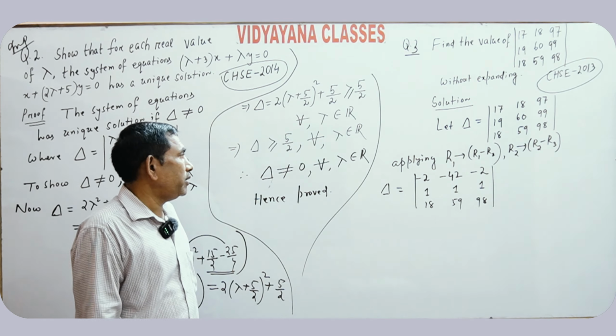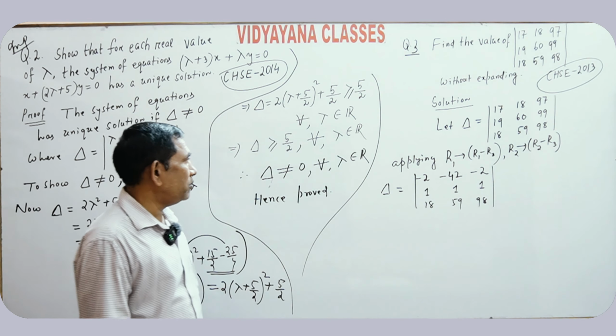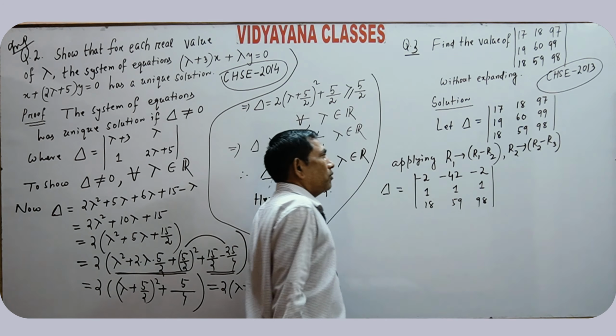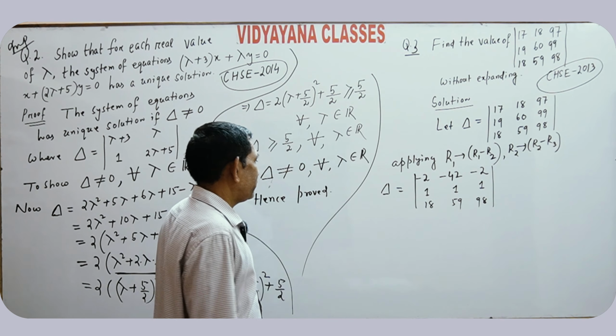Here row 1 is replaced by row 1 minus row 2, row 2 is replaced by row 2 minus row 3.